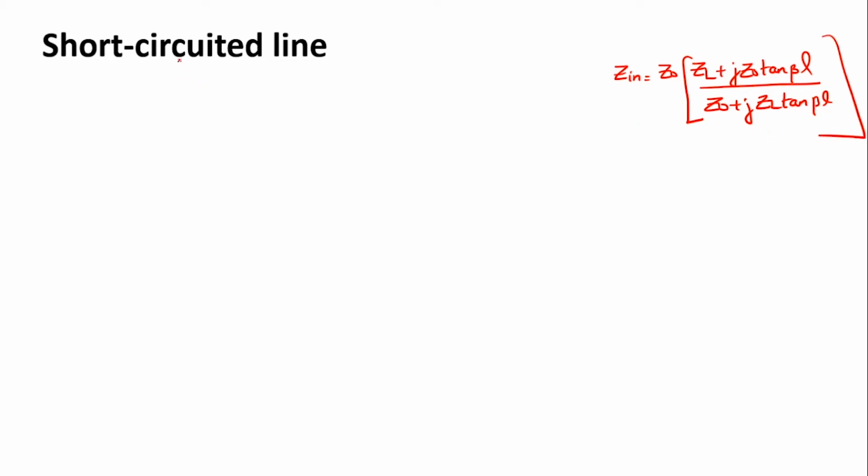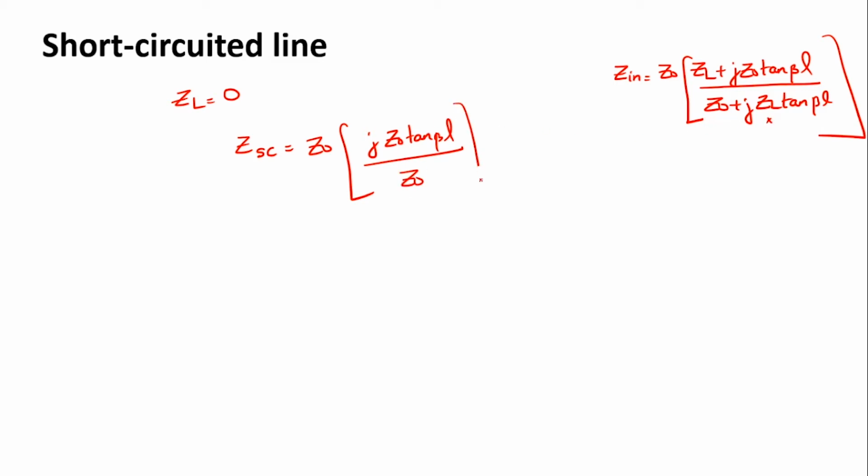So when we consider a short circuited line, ZL is equal to 0. So ZSC can be written as Z0 into jZ0 tan βL divided by Z0, this term will cancel, so you will get ZSC is jZ0 tan βL.